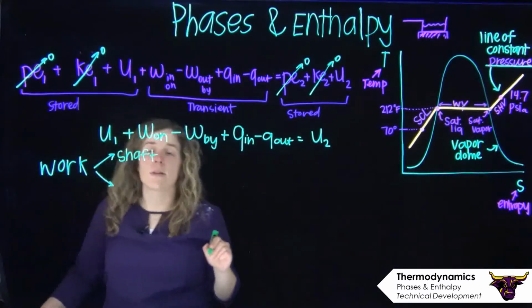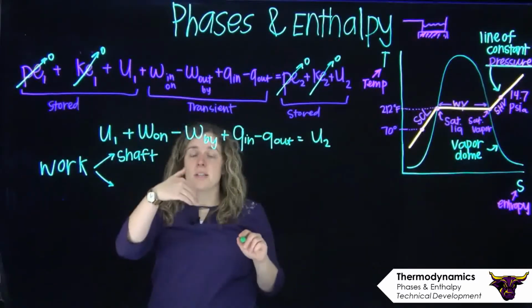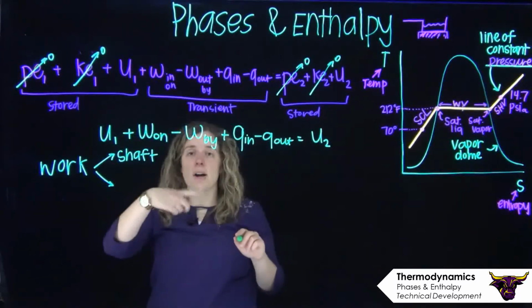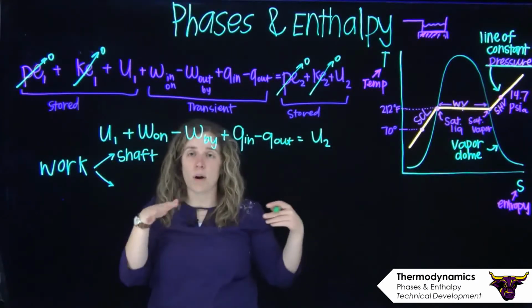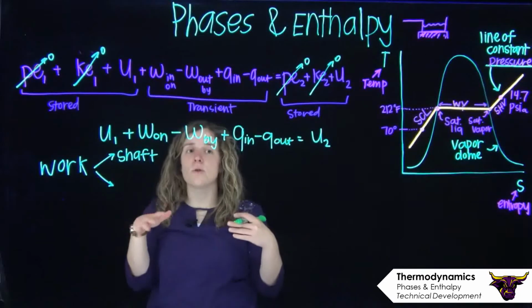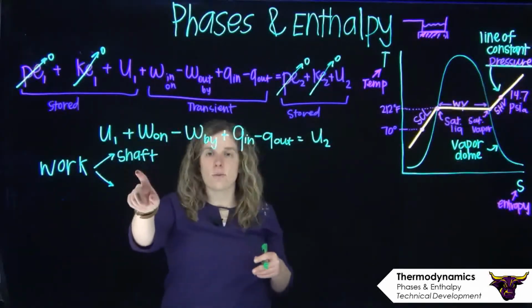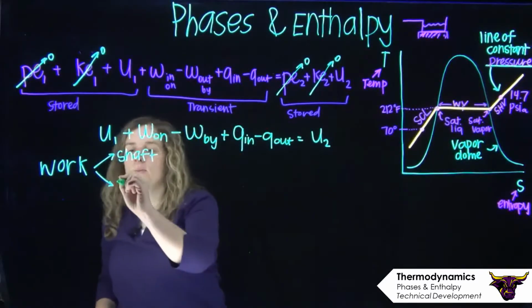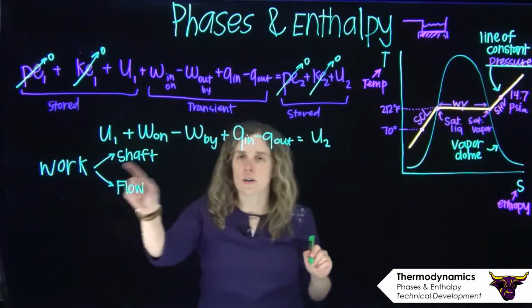We can think of this as something like, if we think about the Rankine cycle, we have steam coming into a turbine, spinning around a shaft, and we're getting some sort of work out. Or in a pump, we have to put work in to pressurize that water. So that's shaft work. But there's also, if you remember back to fluids, something called flow work.